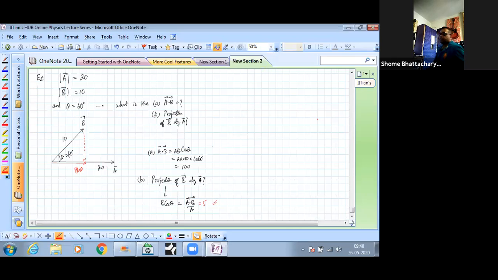Okay, so hope this is fully clear. Yes, we can also see the projection of A along B, but that will become a different quantity. That will become A cos theta.